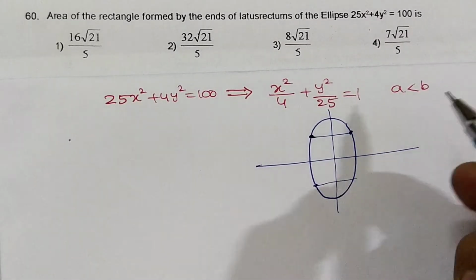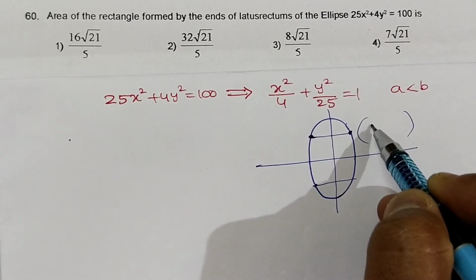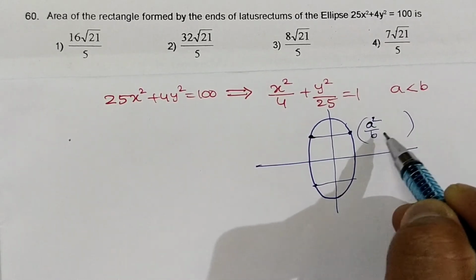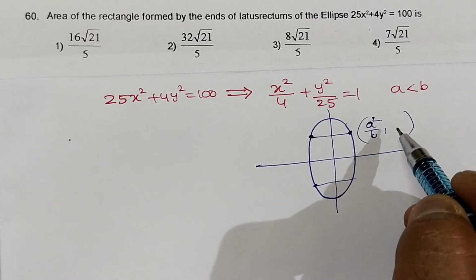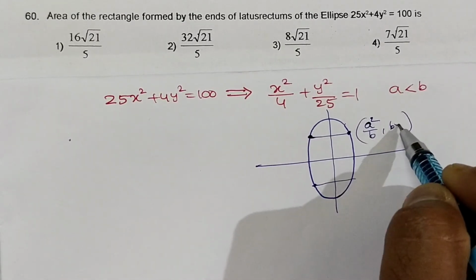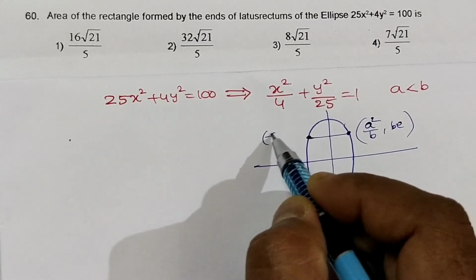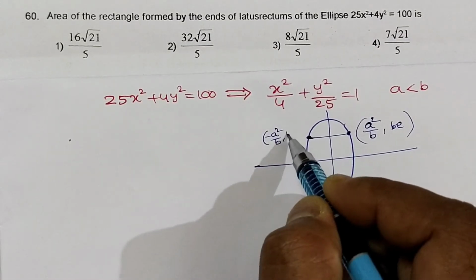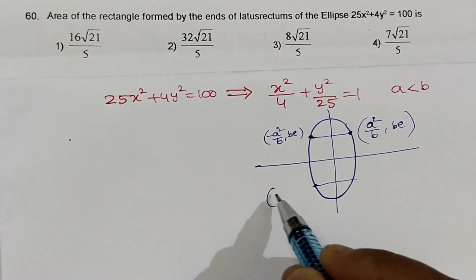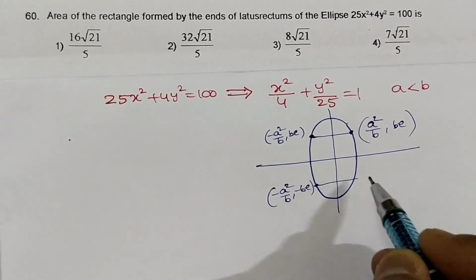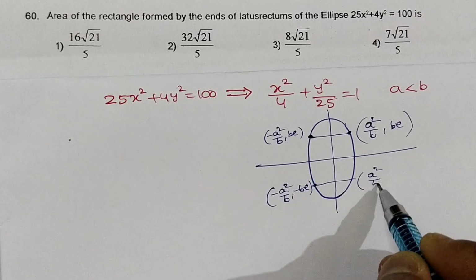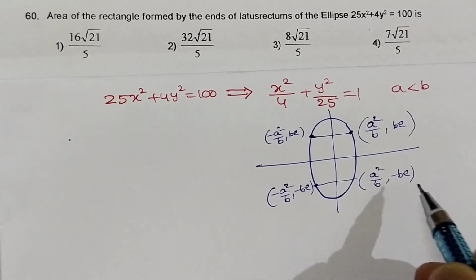When a is less than b, the latus rectum ends are (a²/b, be), (minus a²/b, be), (minus a²/b, minus be), and (a²/b, minus be).